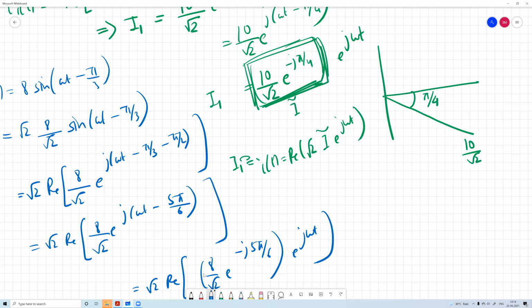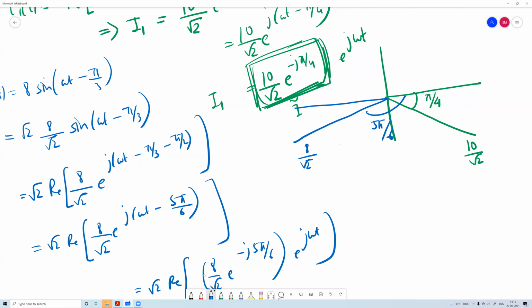Okay. Now we can add them just like vectors.